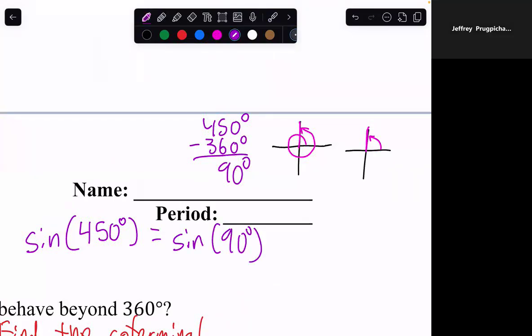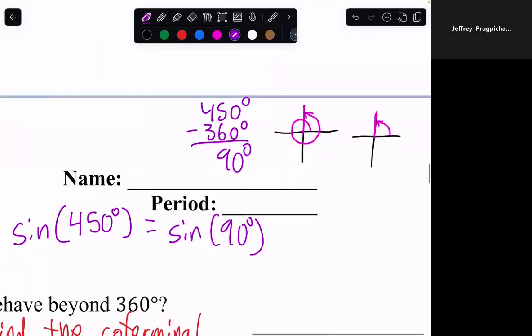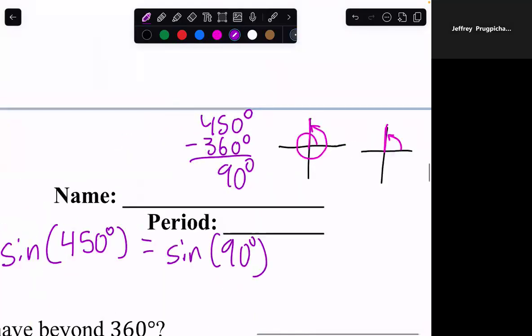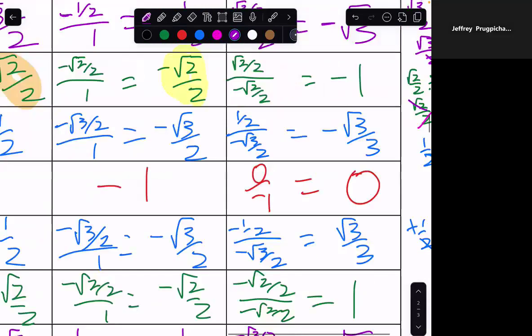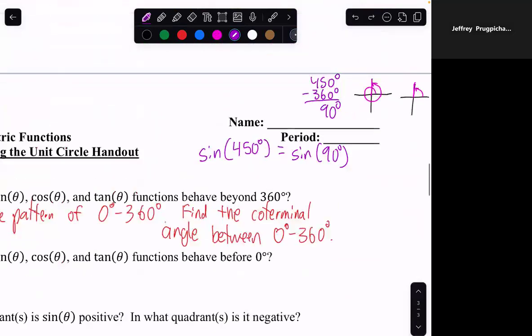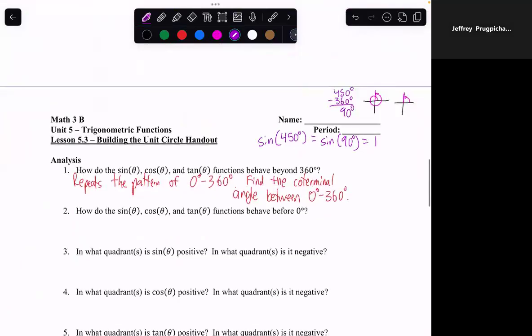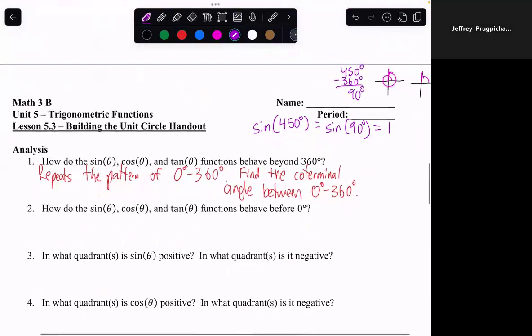Even though the sketch is different, they end up on the same point on the circle. And then sine of 90 degrees, the y coordinate, is +1. So the answer to the second question is basically the same.